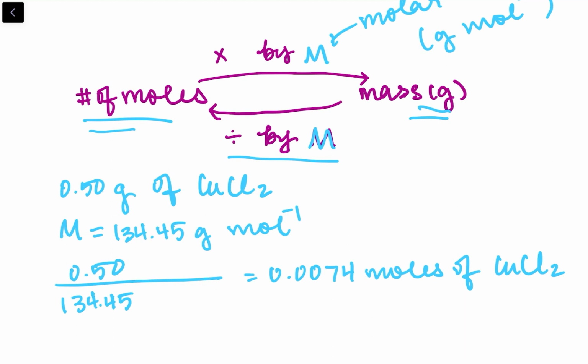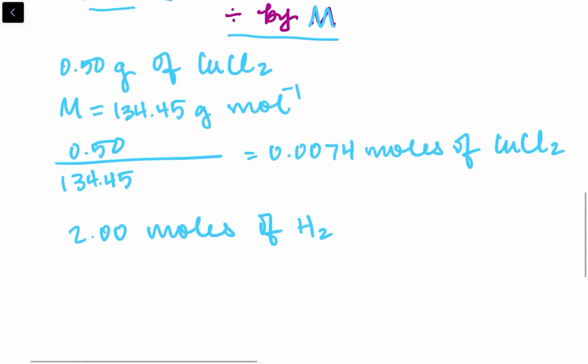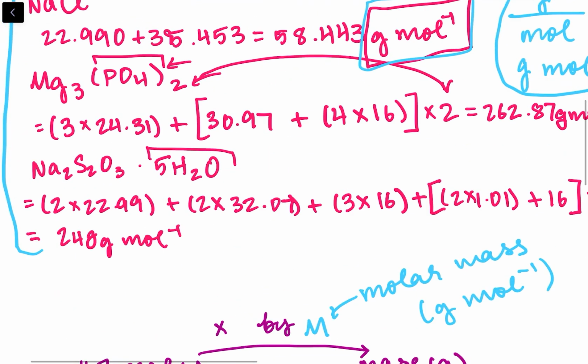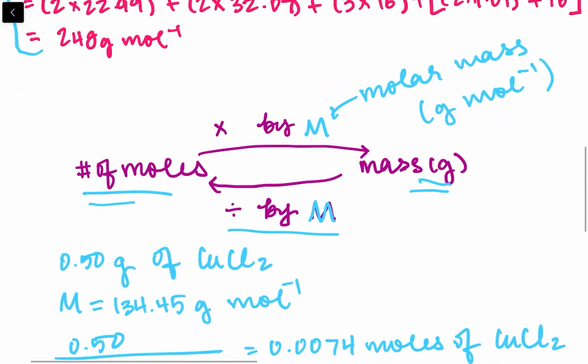Okay, next we want to go from moles to mass. Let's say we have 2.00 moles of H2. Now that's simple, right? We have the number of moles, but we need to find M. M would essentially be 2.00 because the molar mass of 1 mole of hydrogen is 1.008, which is very close to 1, so I think it's safe to round it.